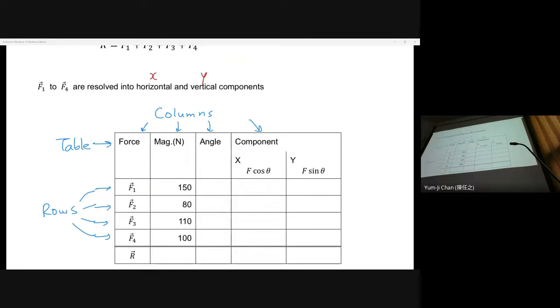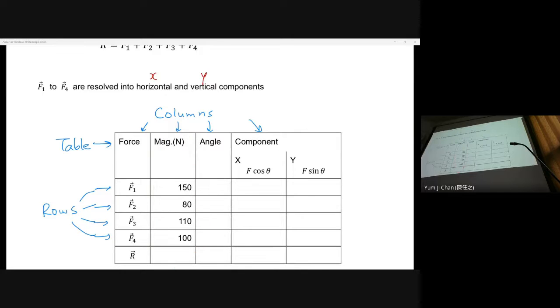For the first column, we write down the names of the forces, F1, F2, F3, and F4. And we write down the magnitudes.